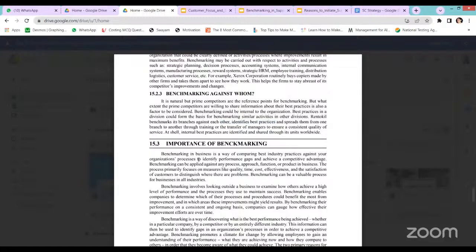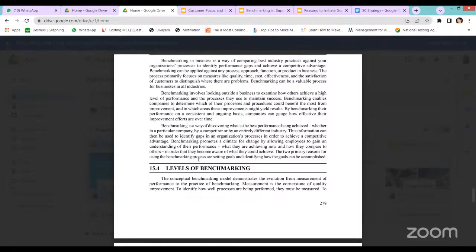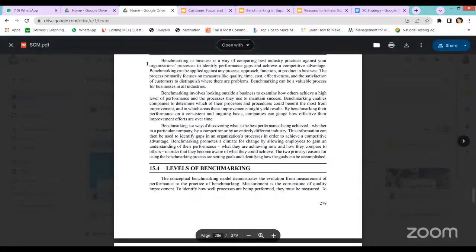Importance of benchmarking. Why is benchmarking important? It enhances your performance. It identifies the performance goals. Because of benchmarking, you compare the best industry practices and see where you are lagging. As I mentioned, this time you got 60.